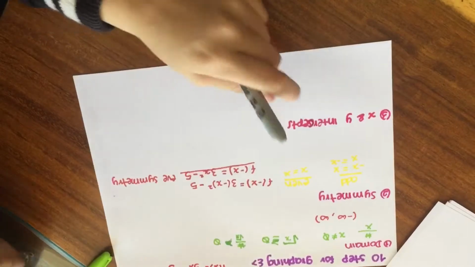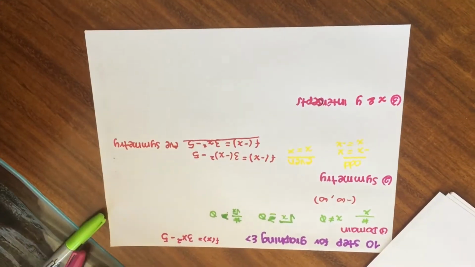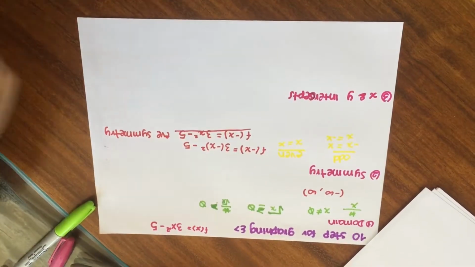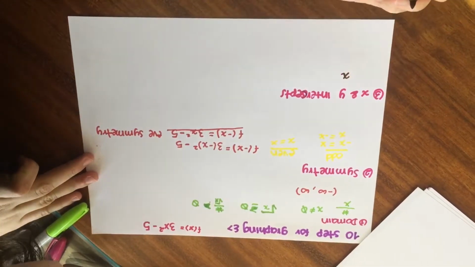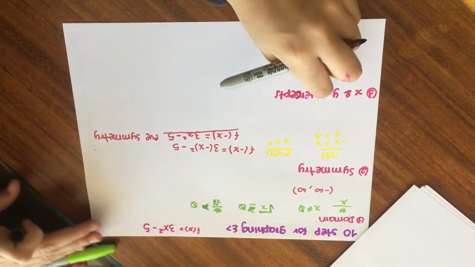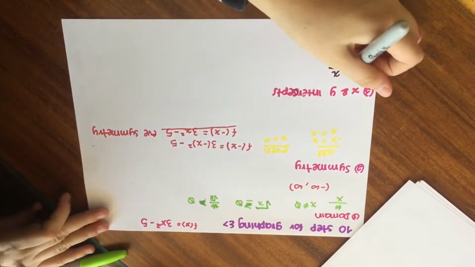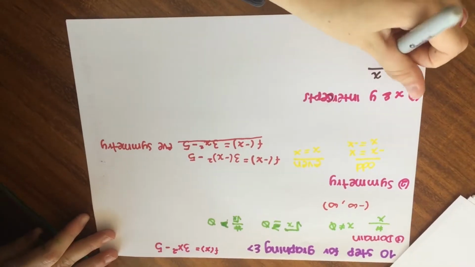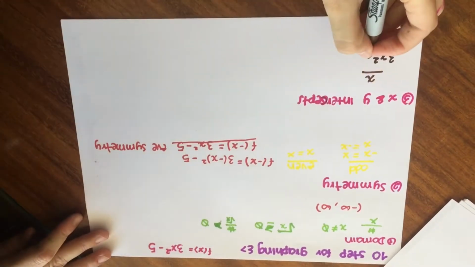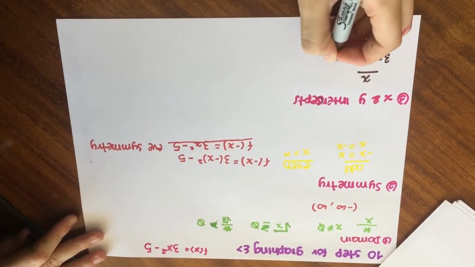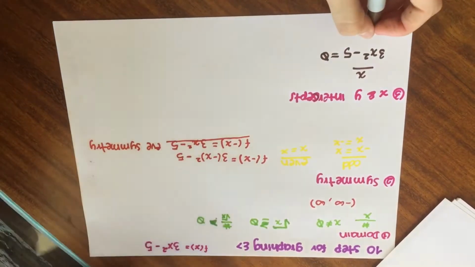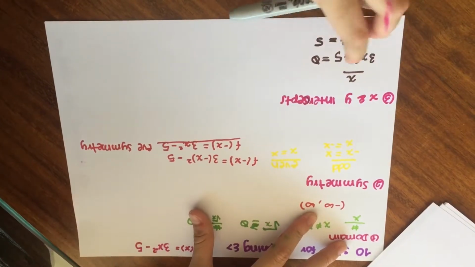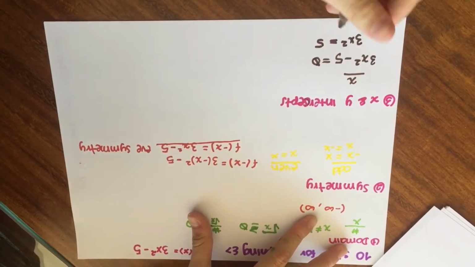Then we have to get the x and y intercepts. The x-intercept is when y is 0. So we will set the function equal to 0. 3x squared minus 5 is equal to 0. So 3x squared is equal to 5, because it passes positive.